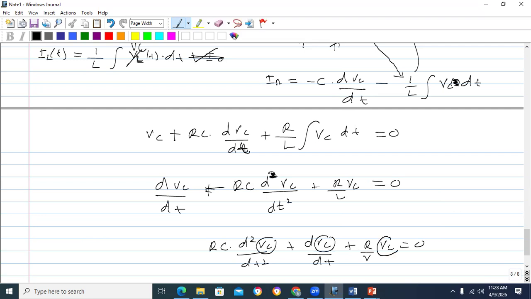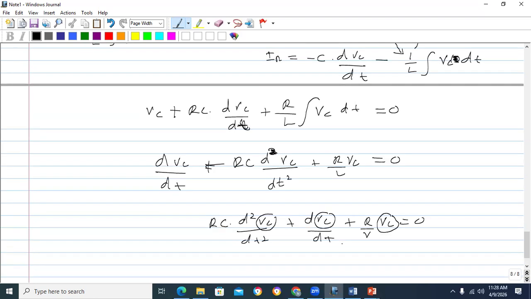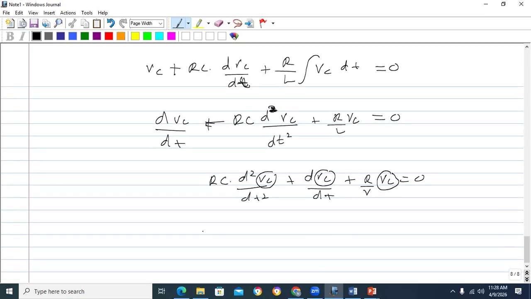Now you need to find this VC. By solving this differential equation, you can find the VC. No need to solve, but if possible, you can solve. So can you tell me the technique? I think separation of variables may not be okay for this one. What is the standard method of solving a differential equation? I can't remember that name.